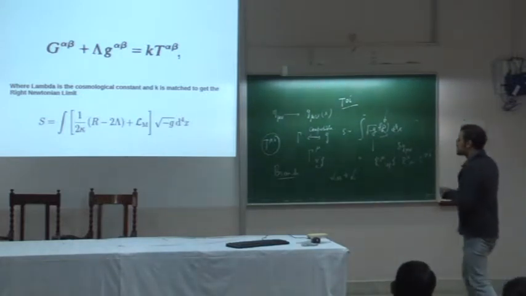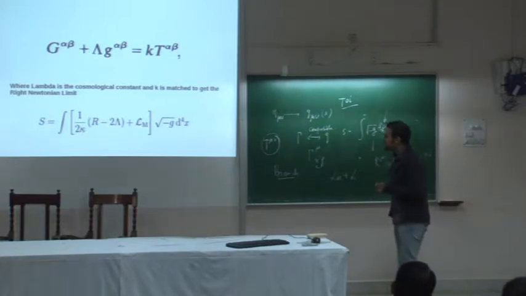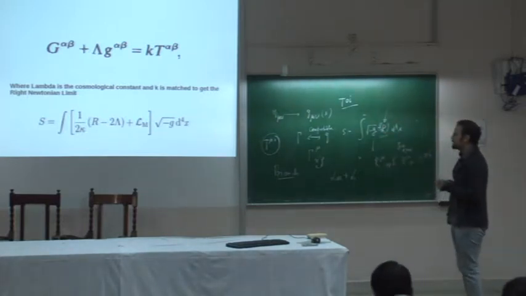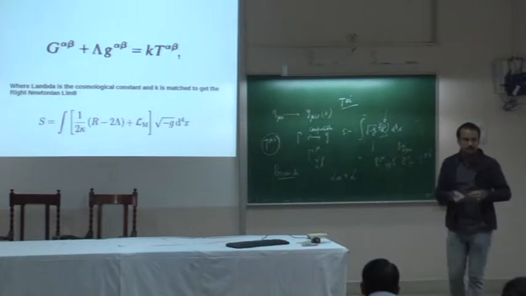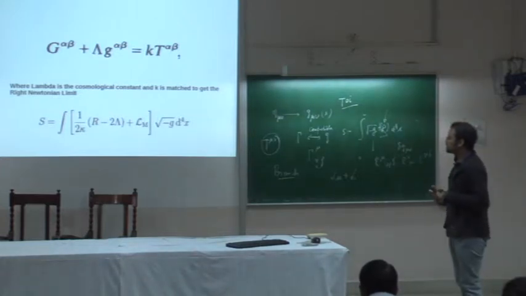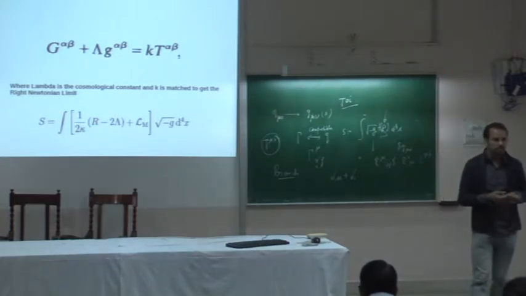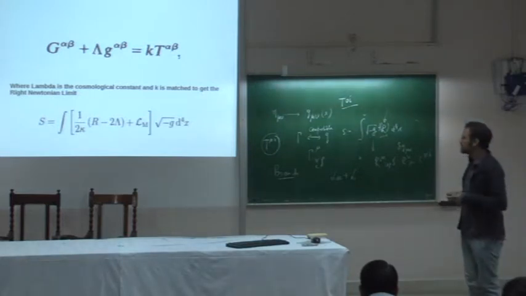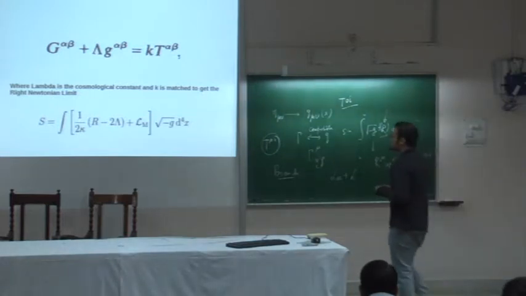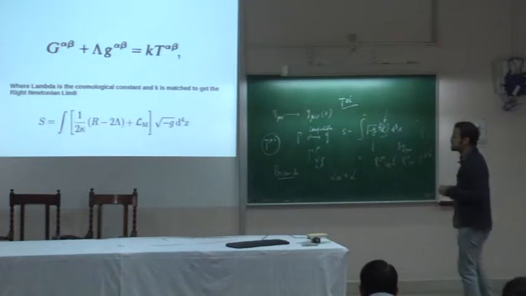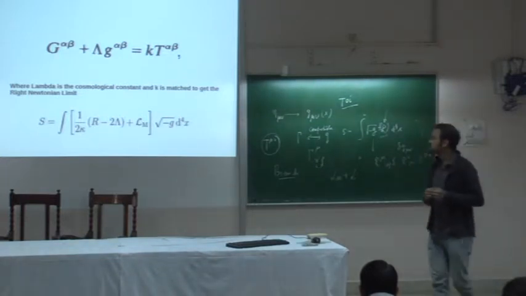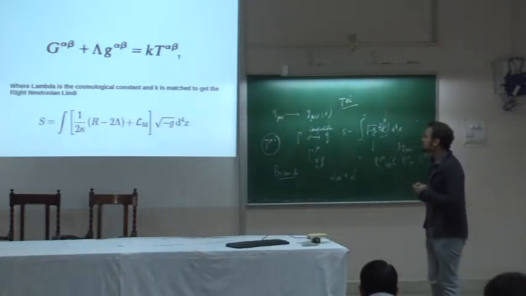Alright? So this is the action you start with, R minus 2 lambda, and whatever matter fields you have, Lm, that will correspond to a T mu nu on the right hand side, and then you basically have Einstein's equation.